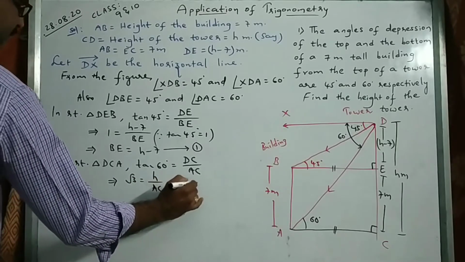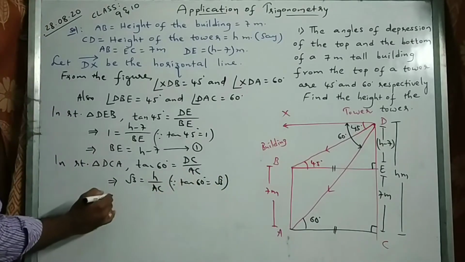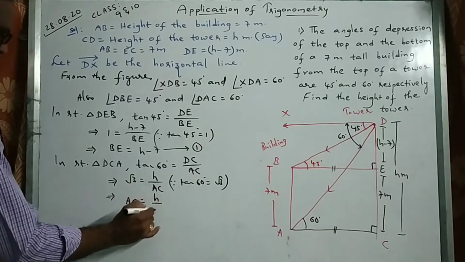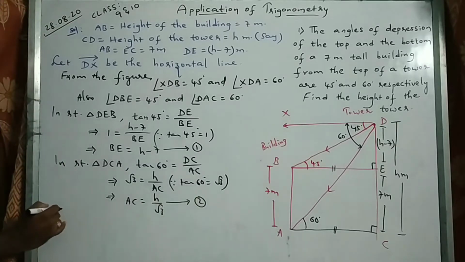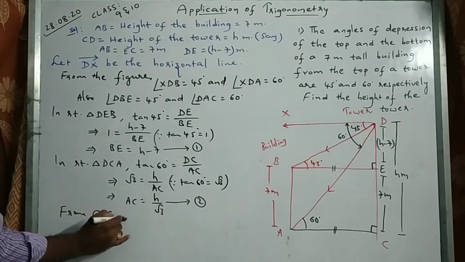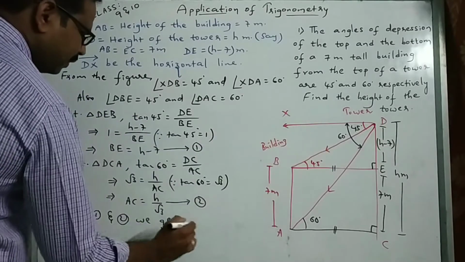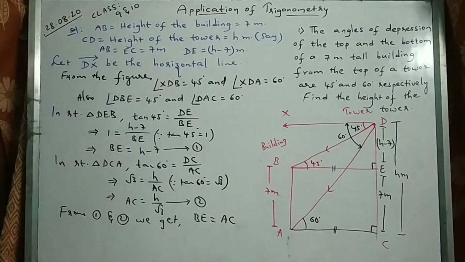Since tan 60 degrees value root 3, clear? So from here AC equal to h by root 3. So equation 2. From 1 and 2 we get BE equal to AC. I told you in the diagram, BE equal to AC, right? I'll make them equal here.